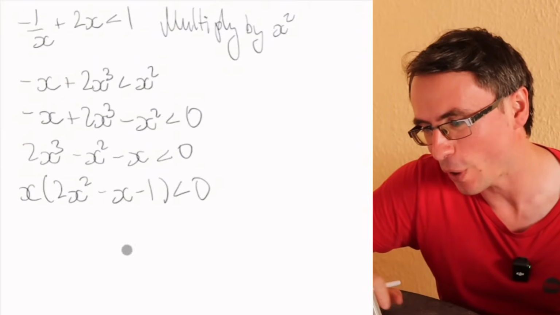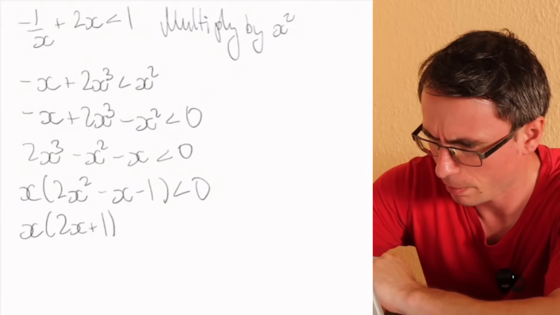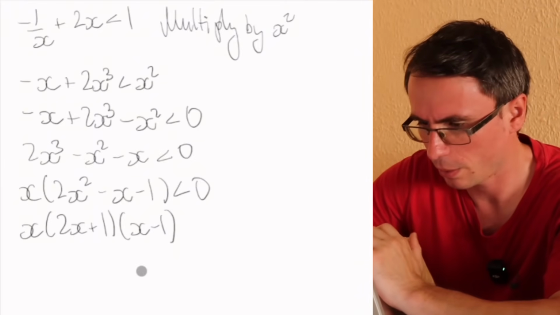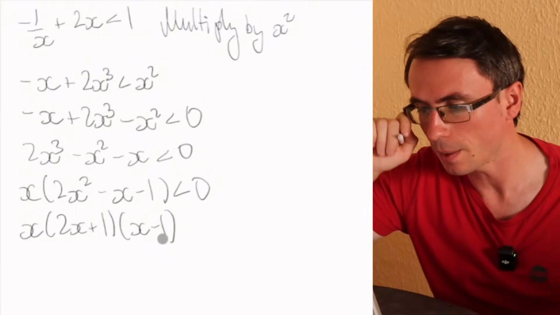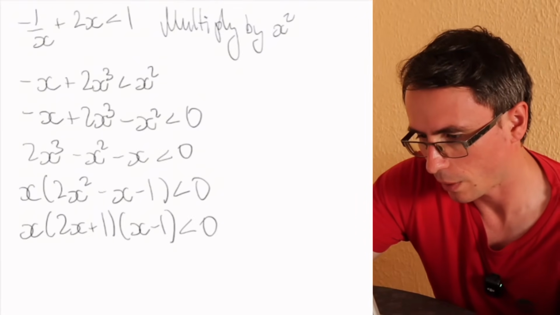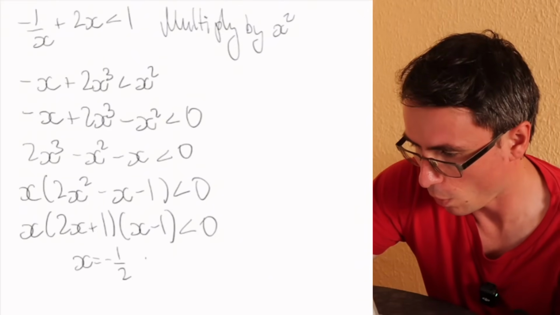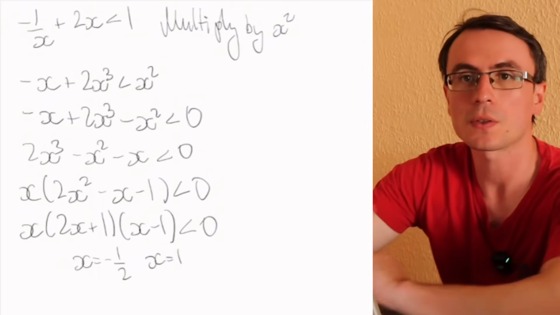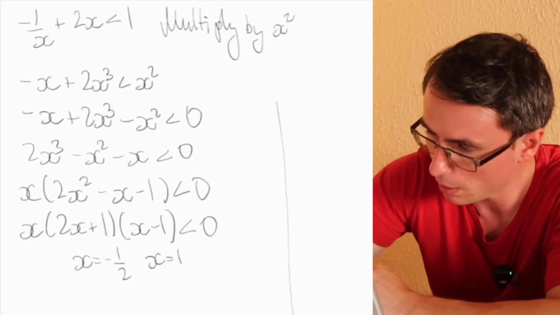Let's figure out the roots of this one and factorize yet again. 2x plus 1, x minus 1, I think. Let's just double check once again. 2x squared, 1, yep, that seems fine. This whole thing has to be less than 0. So this quadratic here is going to have roots at x equals minus a half, and also x equals 1.